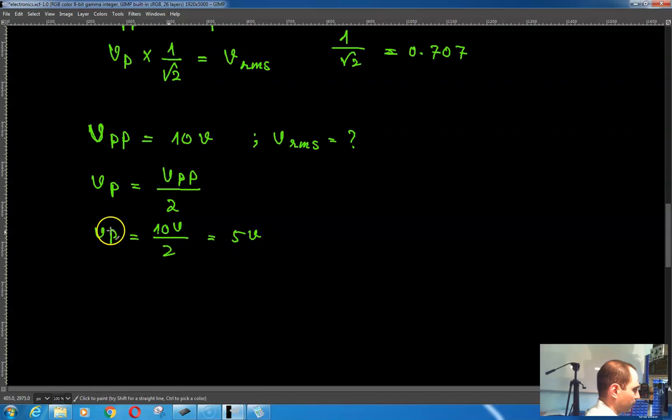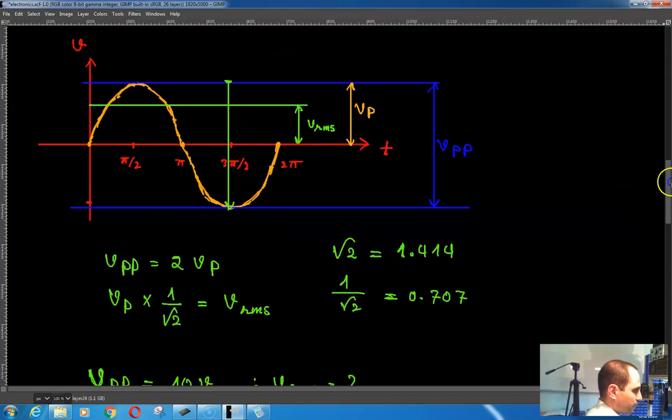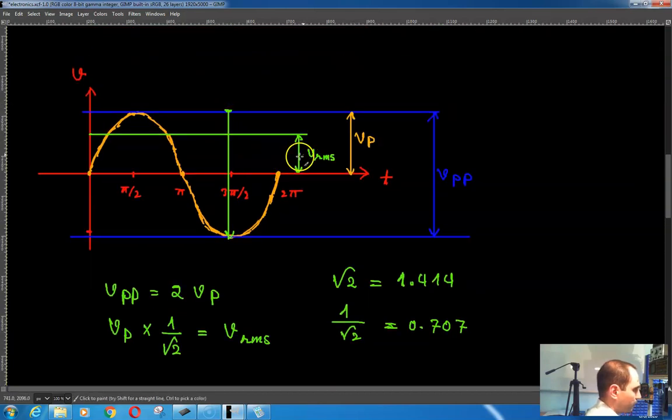And over here we said that the RMS voltage is the peak voltage divided by square root of 2, right?